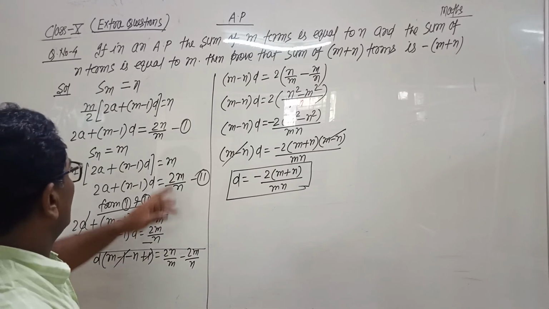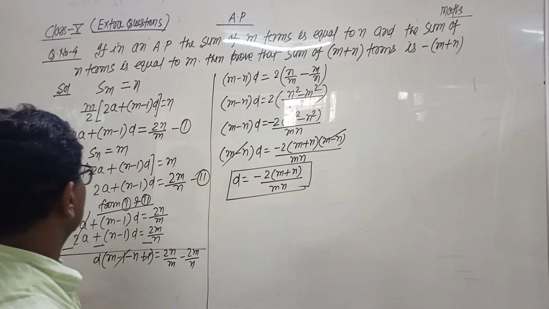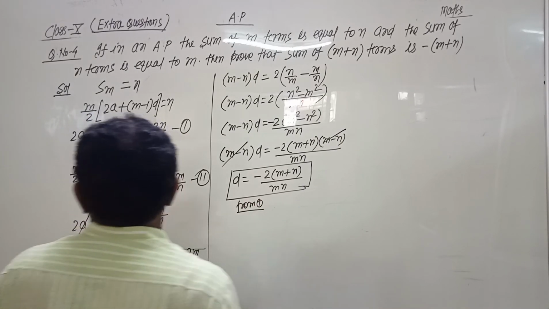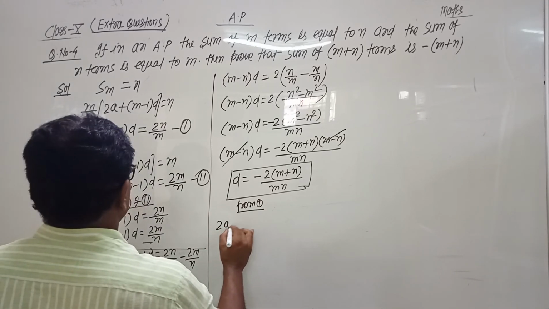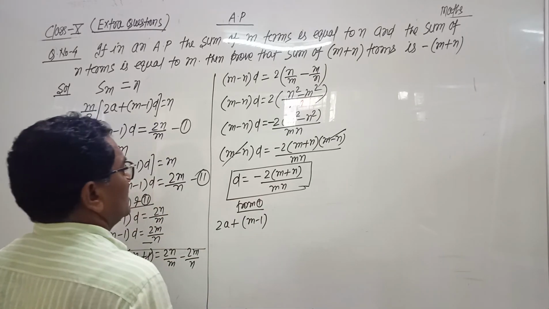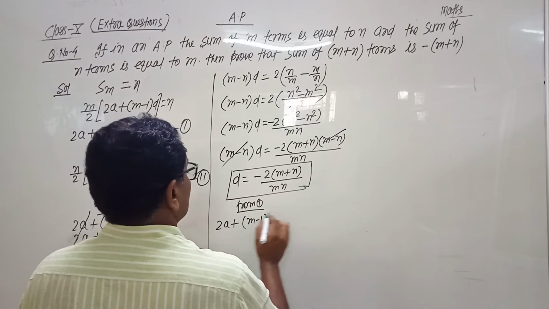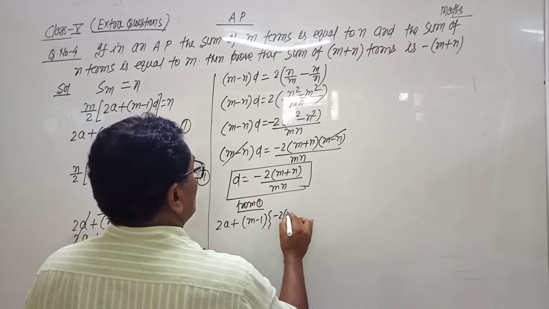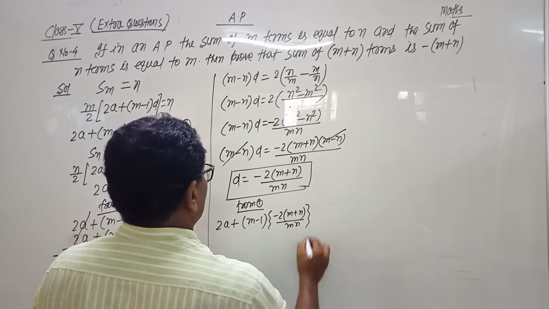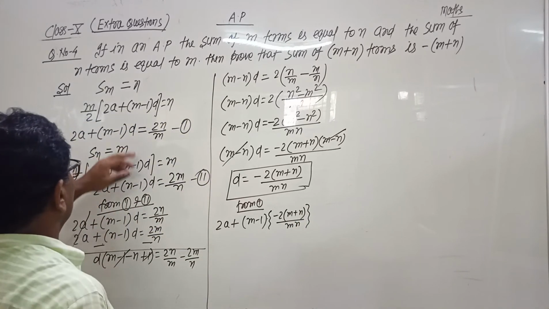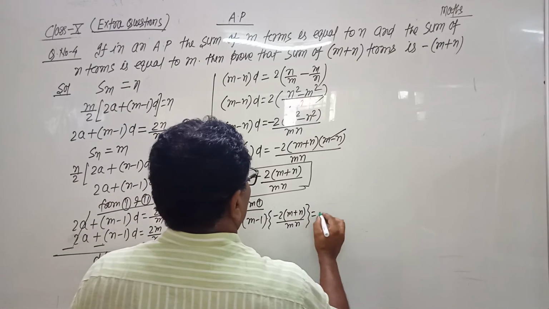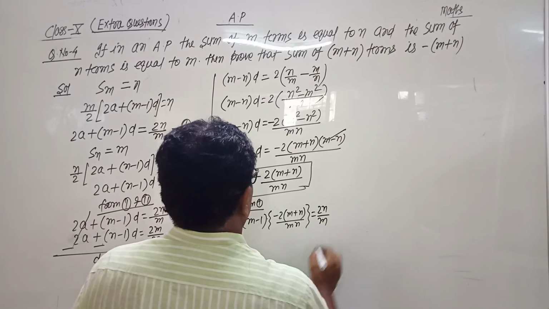Now put the value of d in the first equation. So from first, 2a plus (m minus 1) into d equals 2n by m, and the value of d is minus 2 into (m plus n) upon m into n.